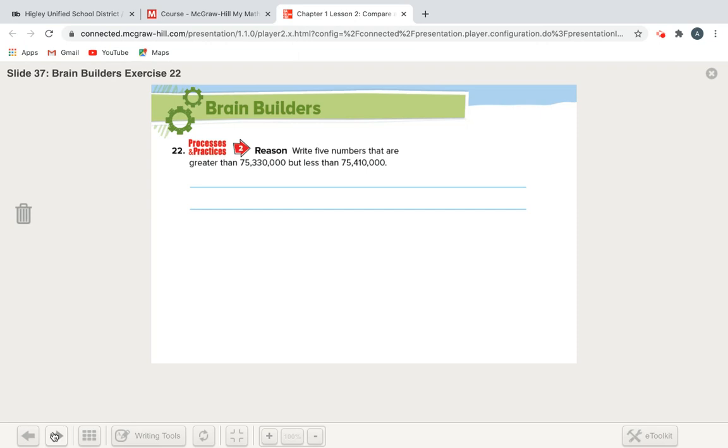Write 5 numbers that are greater than 75,330,000, but less than 75,410,000. So remember the brain builders. These ones are always going to be a little bit more of a challenge, which is good. We need a challenge. That's how you build your brain. When you're ready to move on, push play.